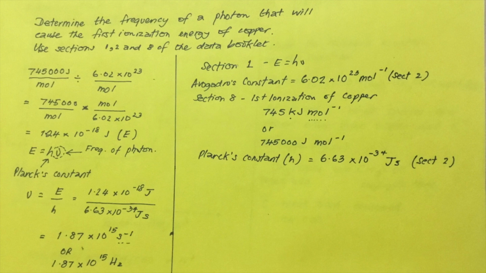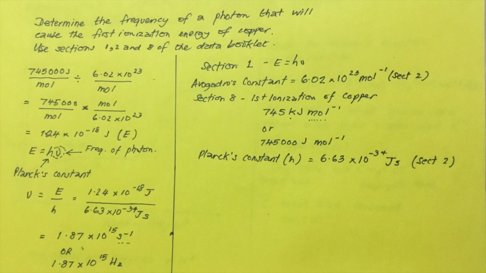And the first ionization energy of copper given in section 8 of the data booklet, given here as 745 kilojoules per mole, also could be expressed as 745,000 joules per mole. Planck's constant is given in joules second.